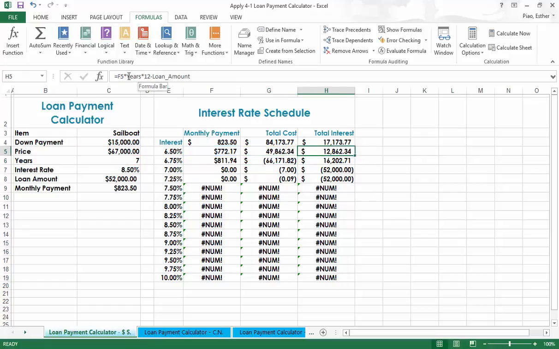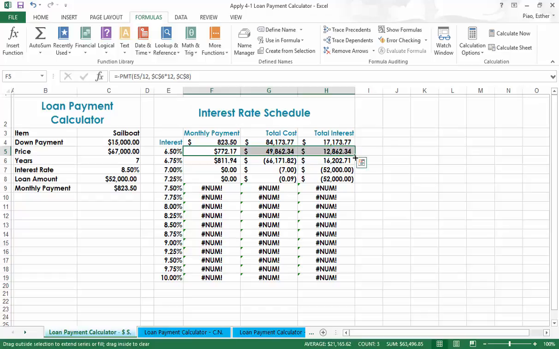You can leave it as is, or you can go back and change it: dollar sign C, dollar sign 6, that's the year. And the loan amount is stored in dollar C dollar 8.